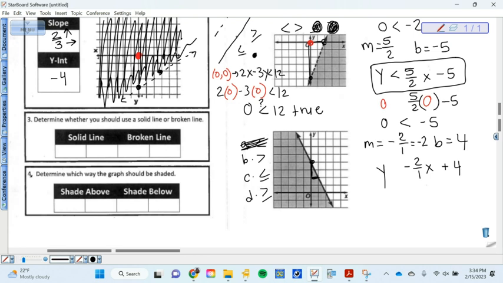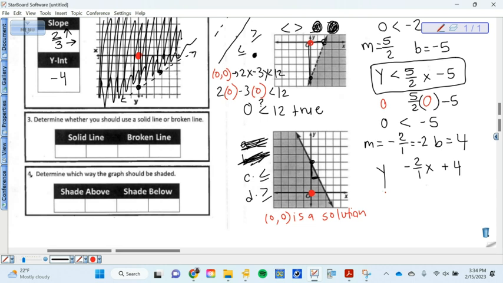Yeah, this one and this one I can eliminate, right? Because it's a solid line. Okay, and then if I look at 0, 0, is it a solution or not a solution? It is a solution. 0, 0 is a solution. So that means when I plug in 0, 0, it needs to create a true inequality this time.